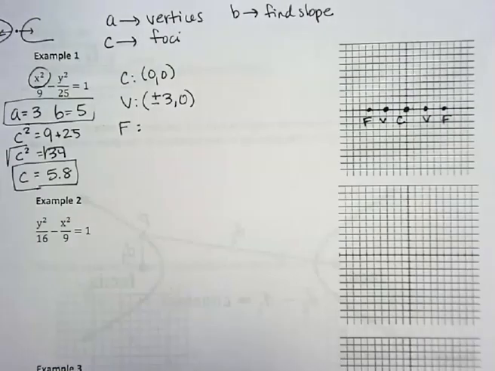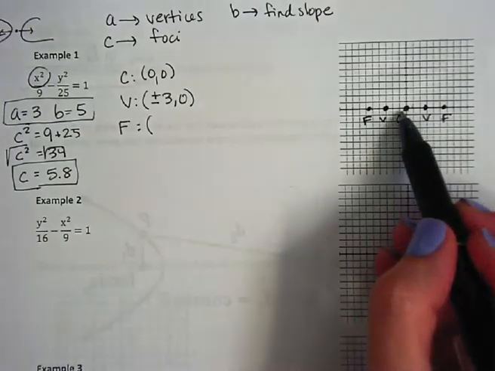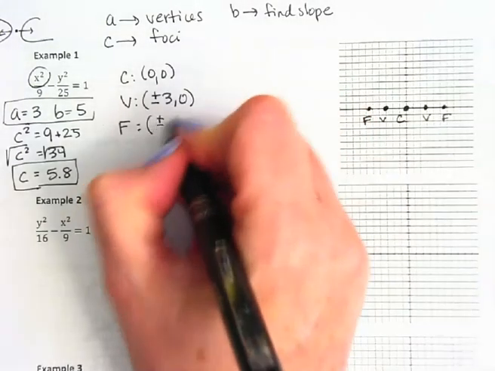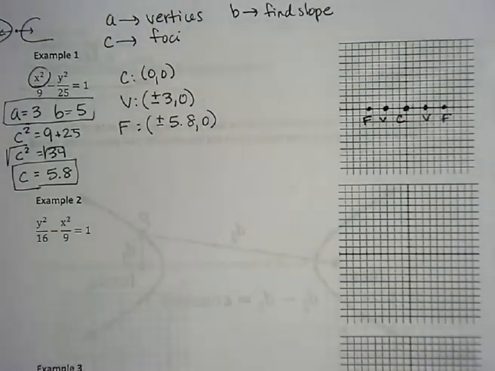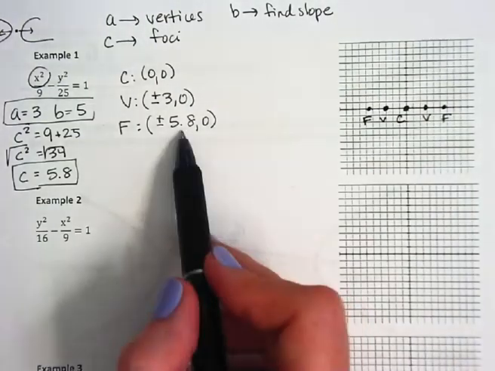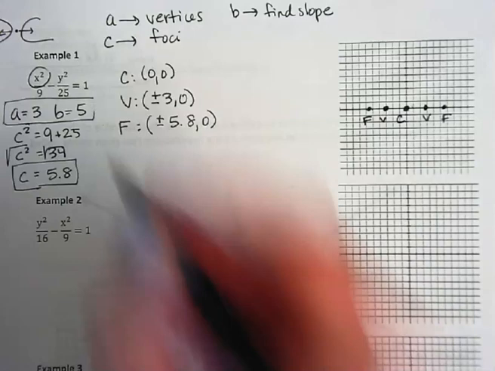Okay, so similarly, I just changed the X coordinate from my center, 5.8 in both directions. So my ordered pair is plus or minus 5.8, 0. Remember, that's two separate answers. I'm just writing it as plus or minus. You could write 5.8, 0 and then negative 5.8, 0.